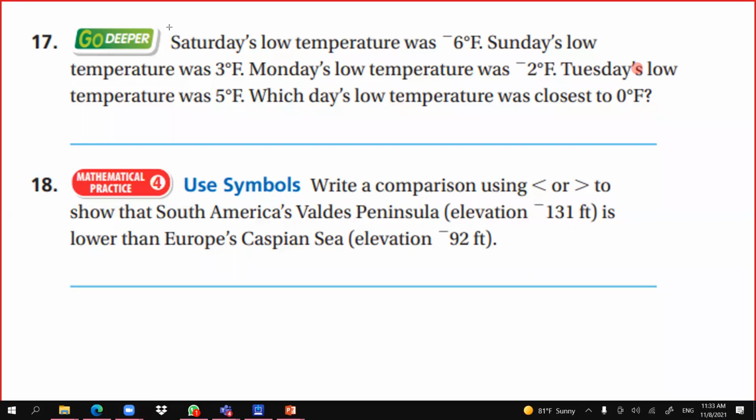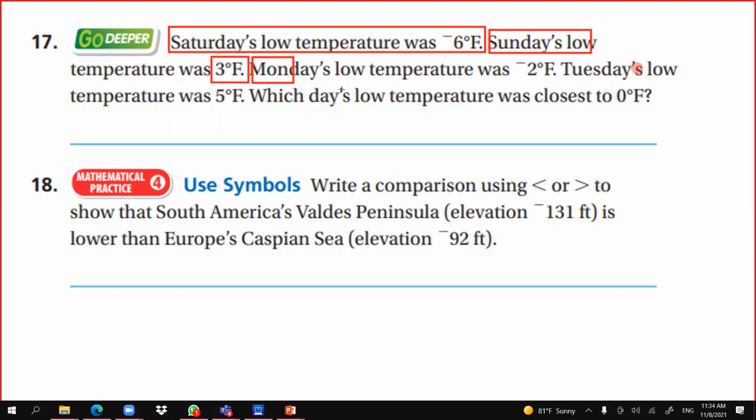So, Saturday was negative 6. Sunday was 3. Monday was negative 2. Tuesday is 5. So what we have to do first is plot the numbers on the number line.